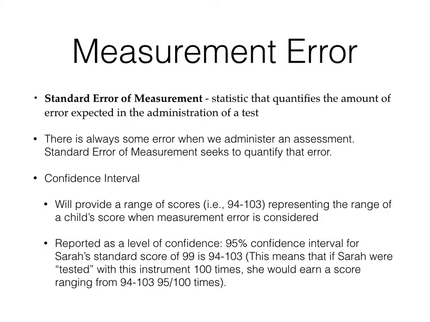The standard error of measurement is reported on tests in what is called a confidence interval. And this is a range of scores that represents the child's true achievement or true ability within that range.